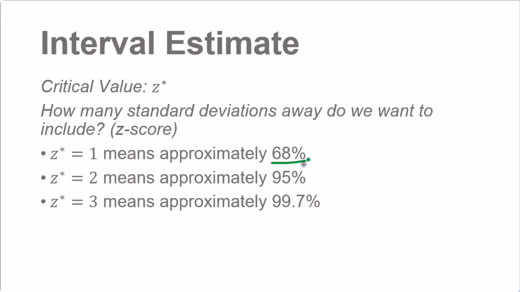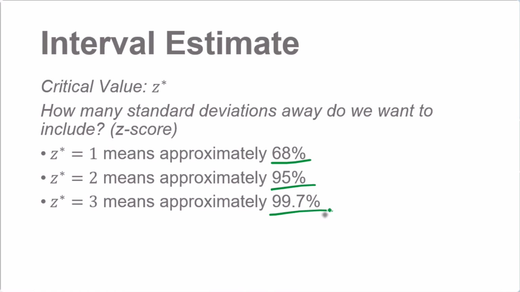In any normal distribution, about 68% of values in the population, or in this case of sample proportions, would fall within 1 standard deviation away. If the critical value was 2, we'd be getting about 95% of the possibilities. And if the z-star was 3, that's about 99.7% of the possibilities.